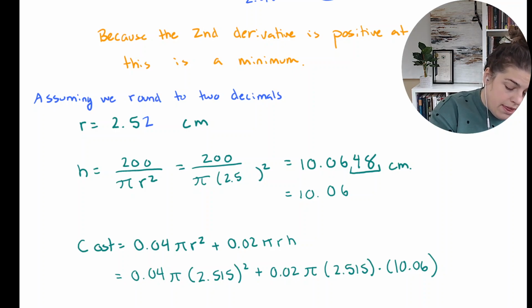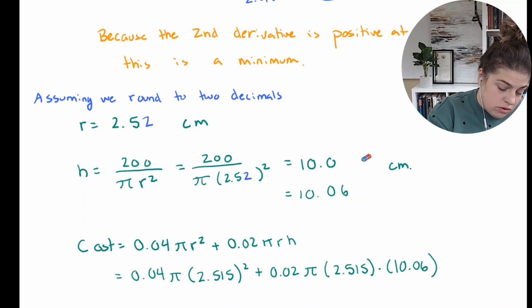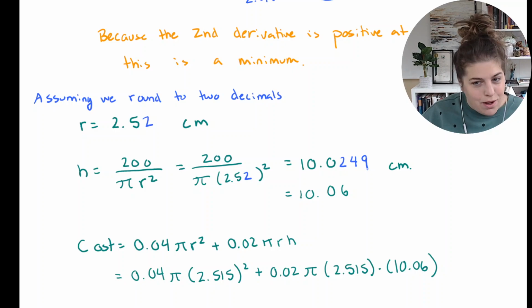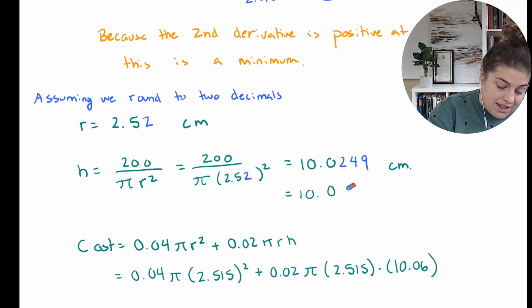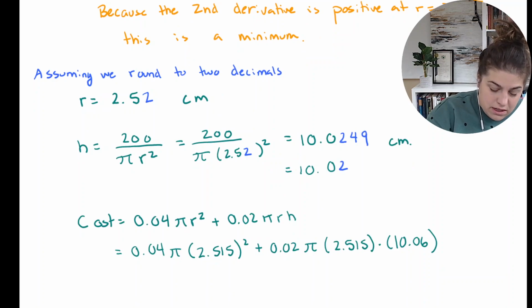And so if we plug that in instead, we are going to get 10.0249, which is still going to round down, not up. Okay. And I just want to, just so that I was using two decimal places in each of these.